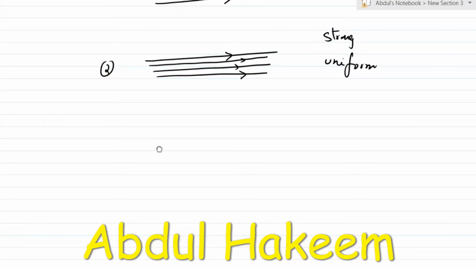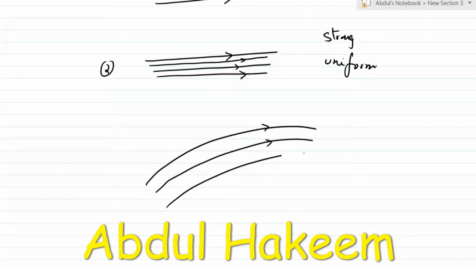And number three, if the lines are not straight, they are curved, then this is non-uniform magnetic field.